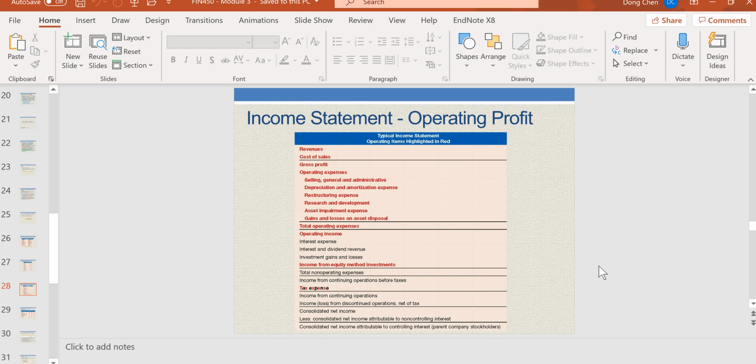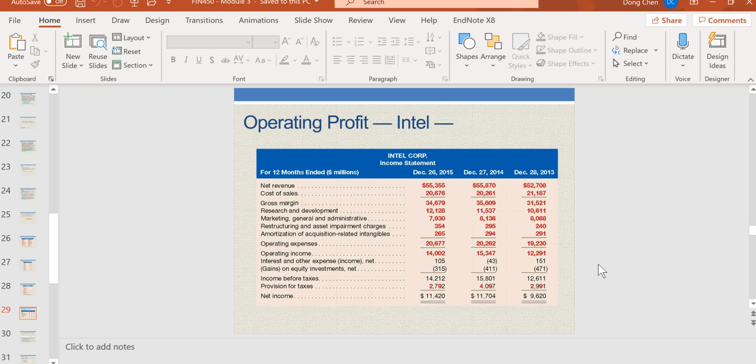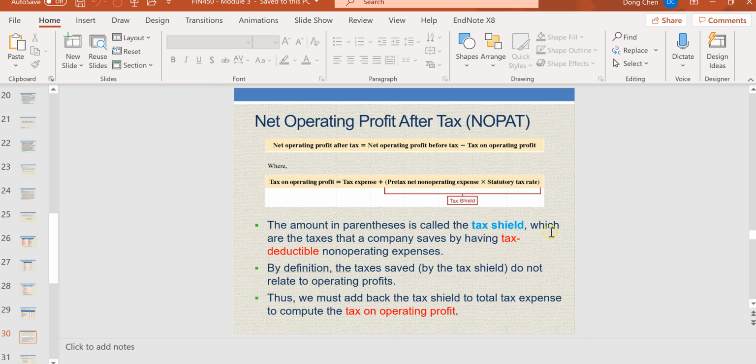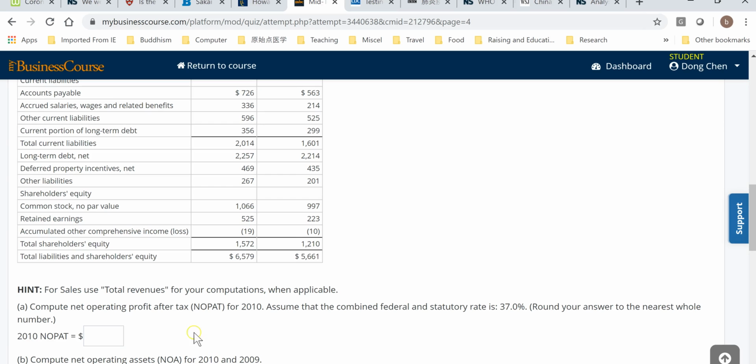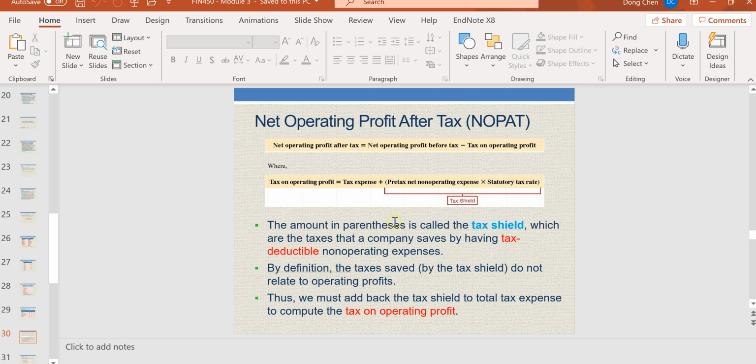So net operating profit after tax, NOPAT, equals net operating profit before tax minus tax on operating profit.